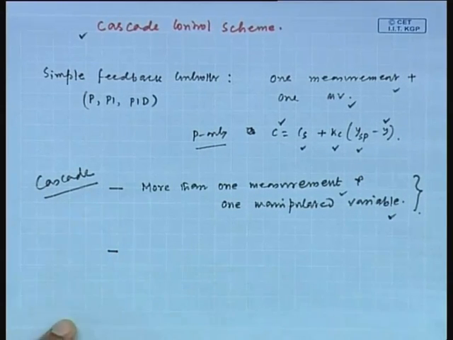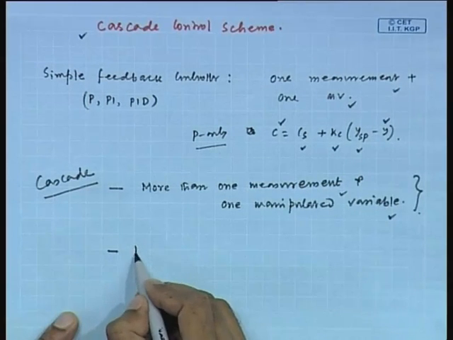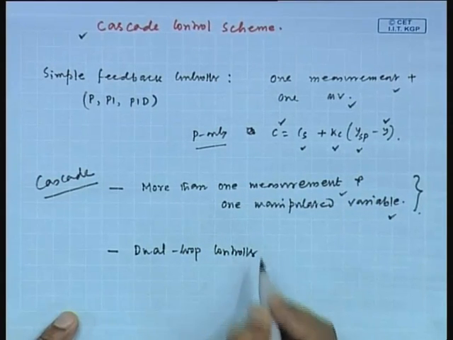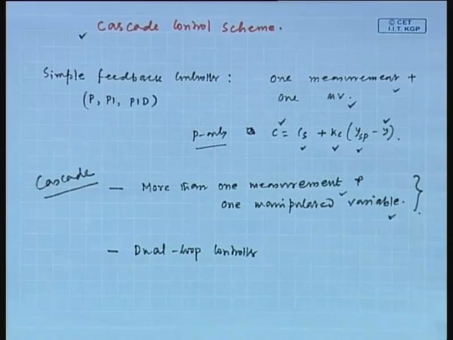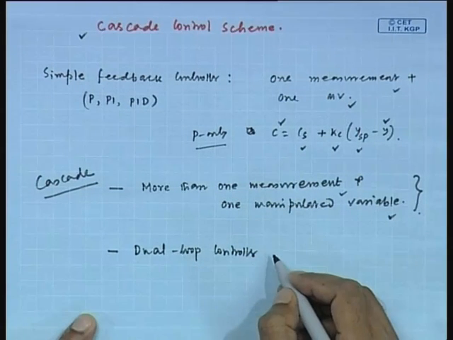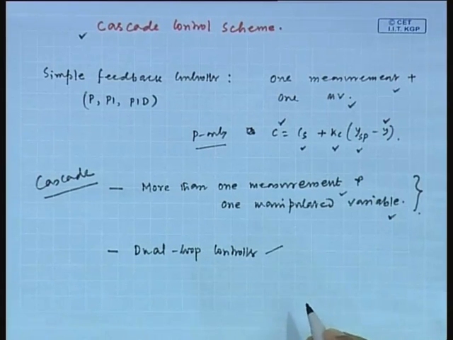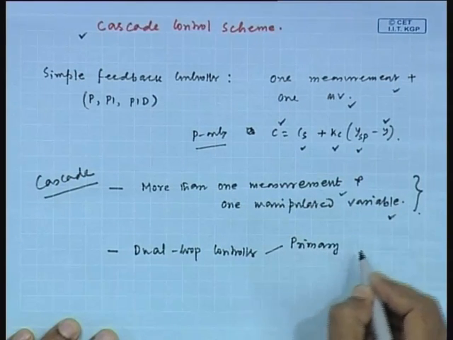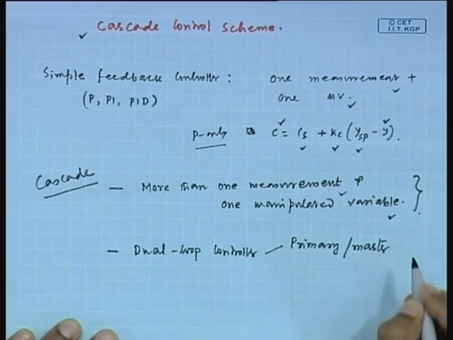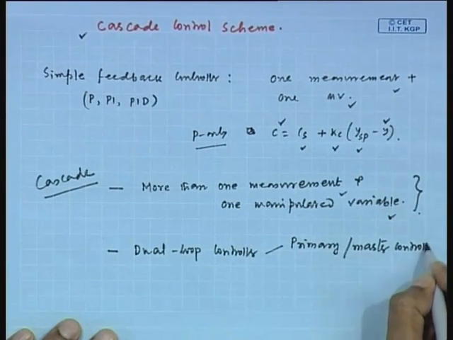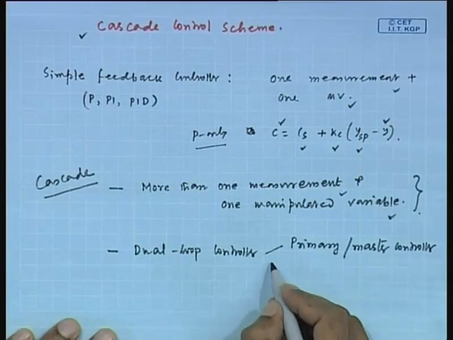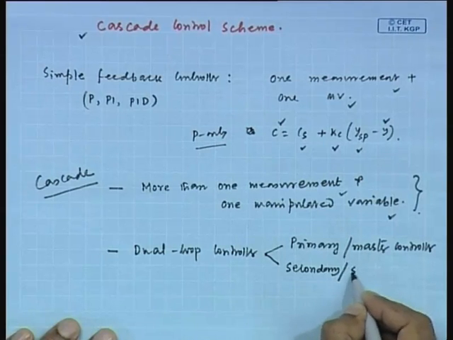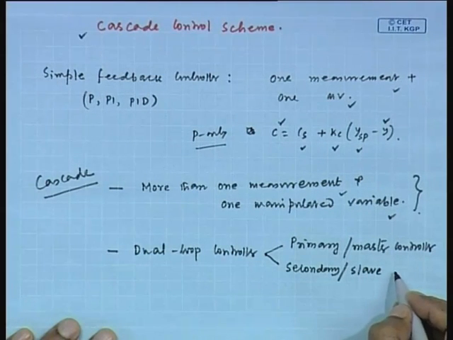Secondly, it involves dual loop controllers. One controller is called the primary or master controller. Another controller is called the secondary or slave controller. The cascade controller involves dual loop controllers.